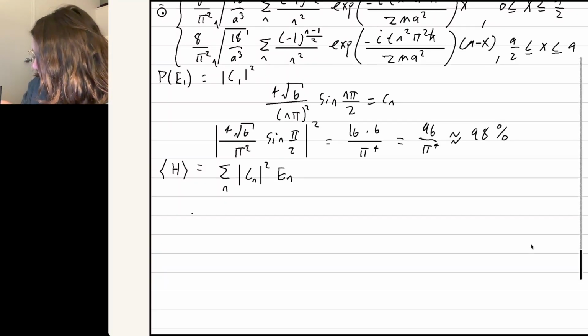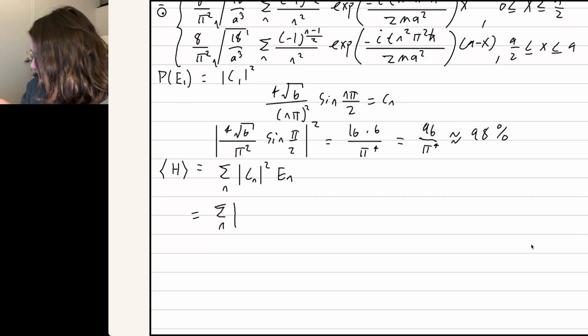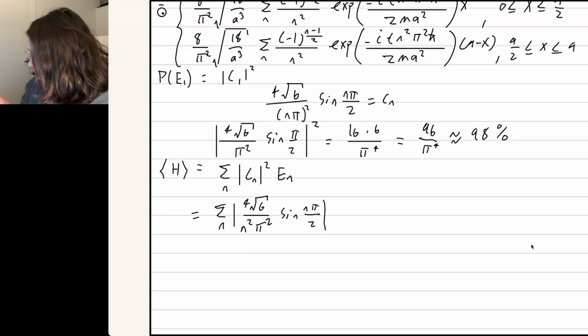So plugging in our stuff, we'll have the sum over n of 4 root 6 over n squared pi squared sine n pi over 2, squared.